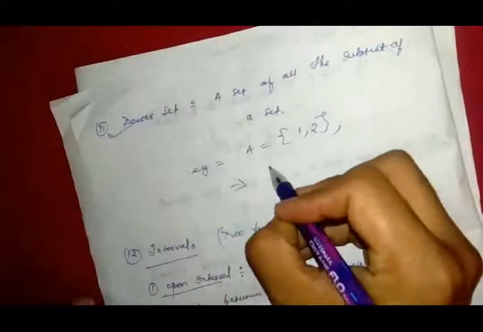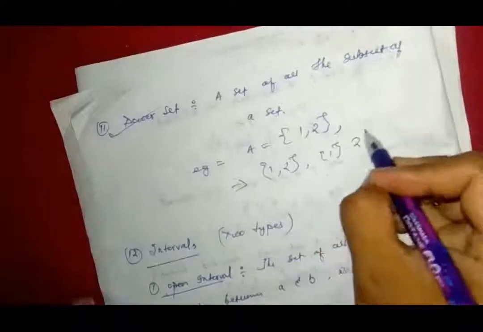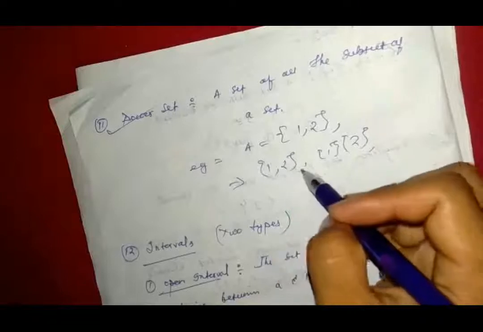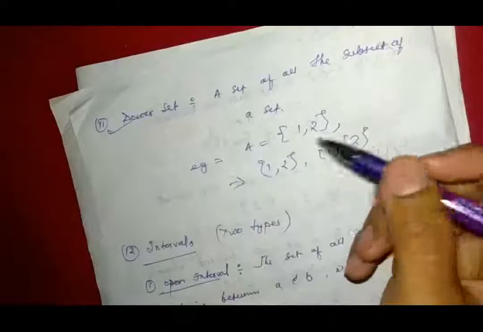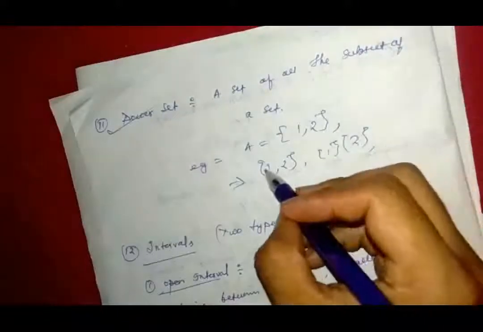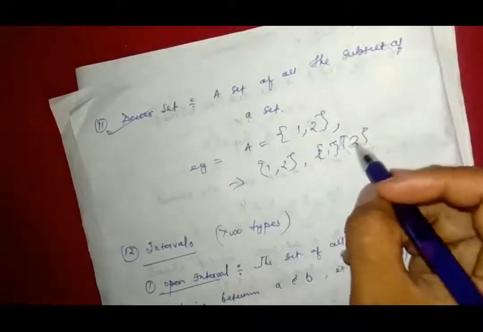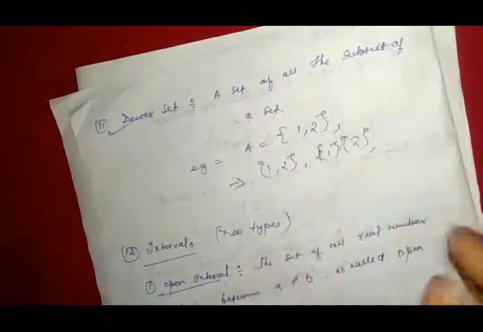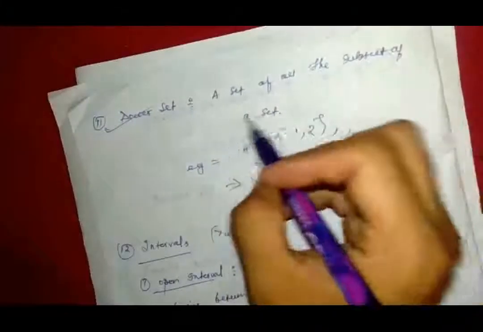So I'm taking the given set A, {1, 2}, and the possible subsets we can see are {1}, {2}, and {1, 2}. Those are the subsets of set A. So, including all the subsets of a set, these make the power set.